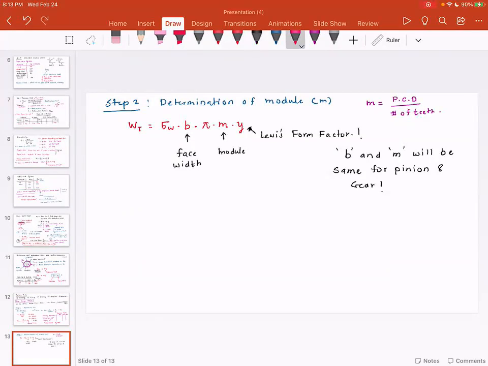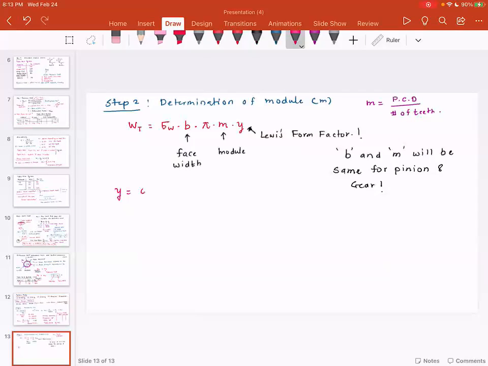However, I want you to look at y. Just to give an example, the value of y depends on the number of teeth, and the number of teeth on the pinion and on the gear are different.